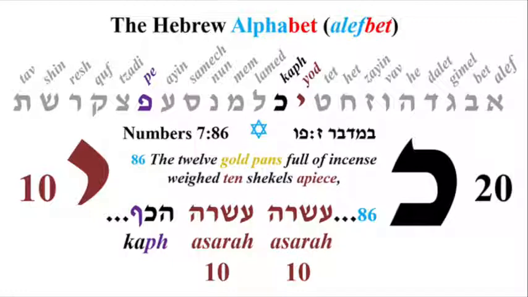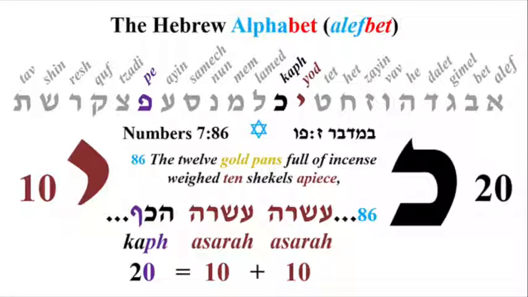So each of these little gold pans, each Kaph, weighed asherah, 10. Asherah is 10, asherah is 10, and the word Kaph, its value is 20. So it's just kind of clever how God hid this little correct math equation in his Bible there with 10 and Kaph.